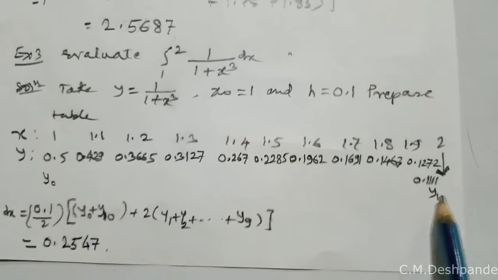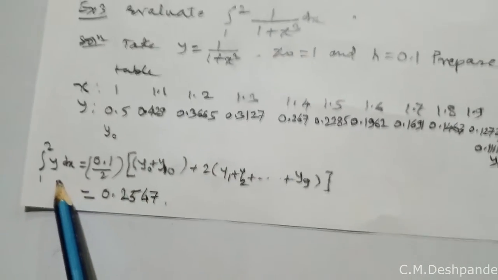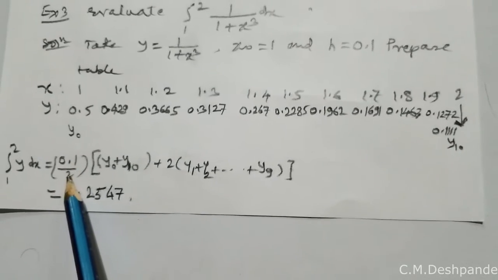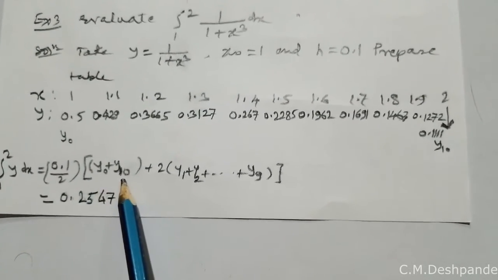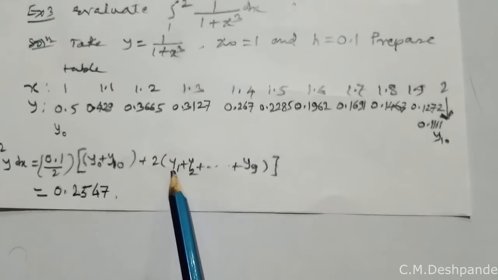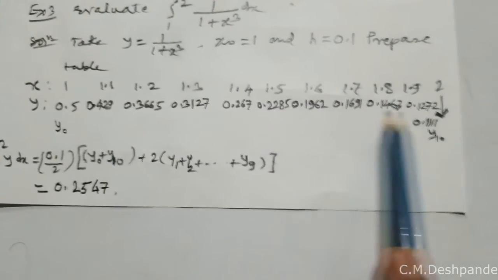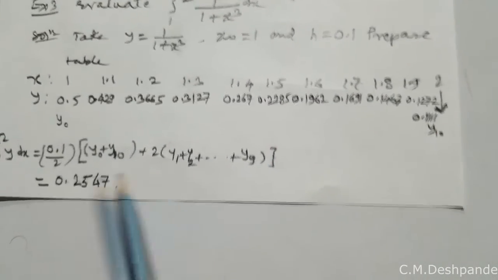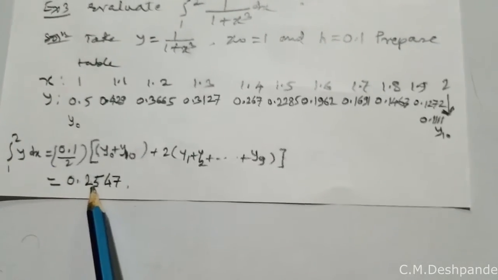So these are the corresponding values of y, and applying the same formula, the integration is given by h by 2 in bracket first value plus last value, y0 plus y10, plus 2 times all the remaining values from y1 up to y suffix n. Now replace all these values from this table and calculate, we get the integration equal to 0.2547.